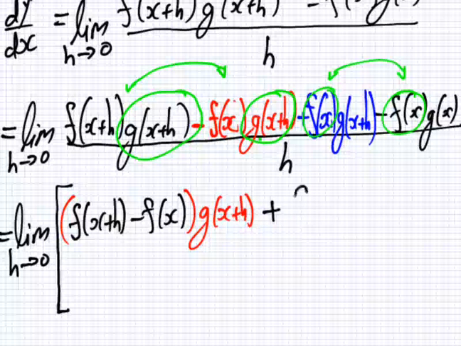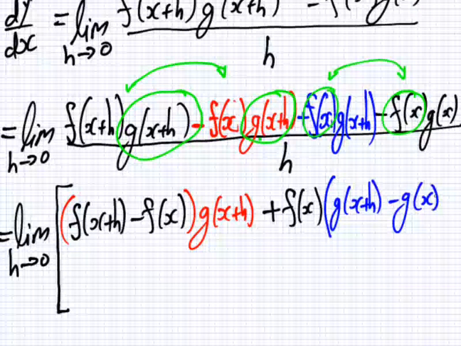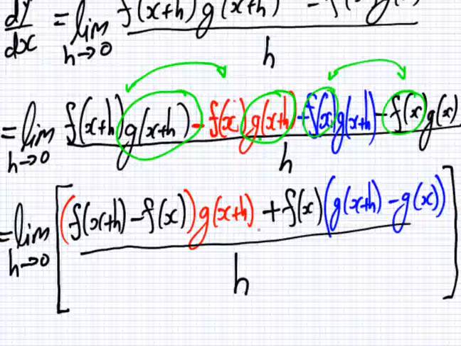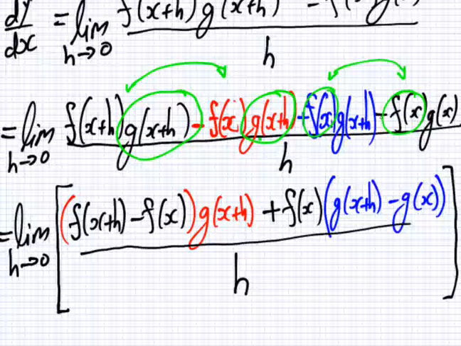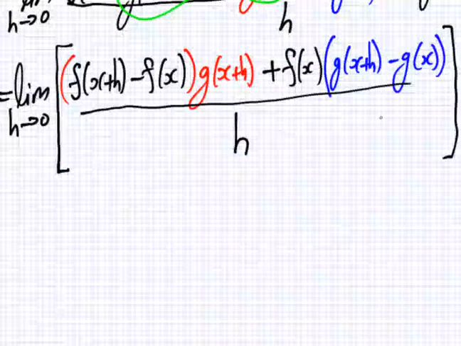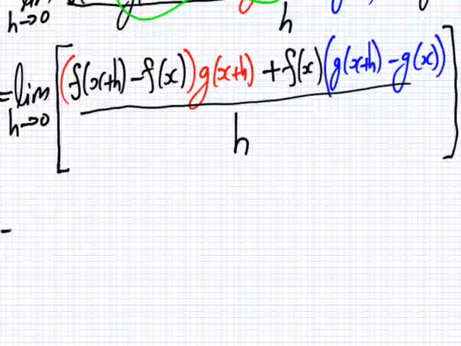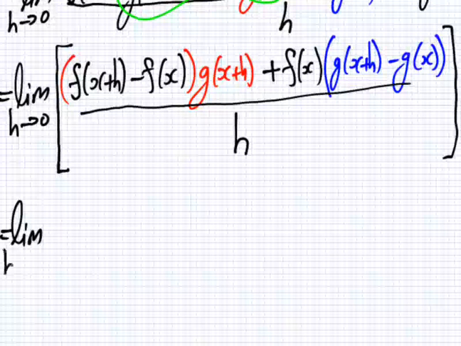You put in here a minus f(x+h) g(x), and then a plus f(x+h) g(x+h). Now the reason I did that, well, firstly, what happens to the red and the blue? They cancel.